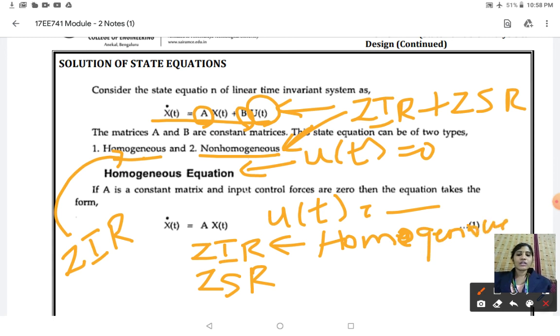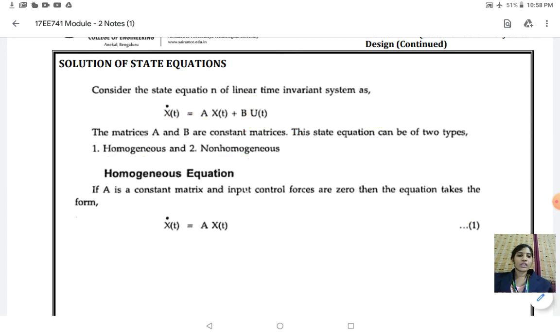Now we will see how exactly we are going to obtain the zero state response and zero input response in case of homogeneous and non-homogeneous equation.